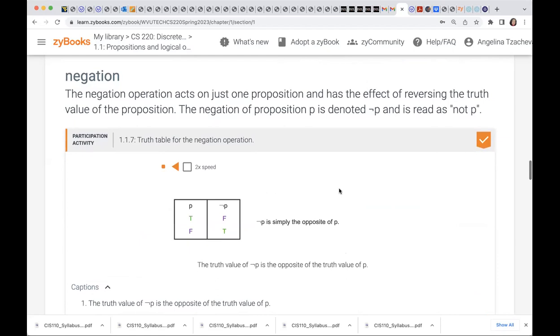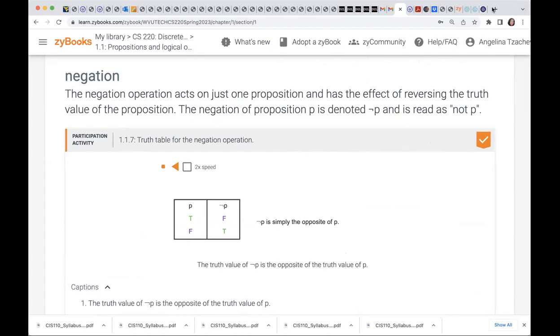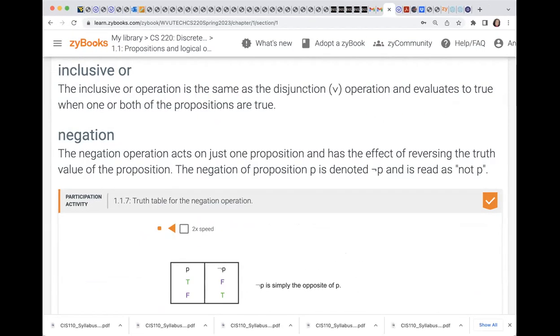And has anyone of you seen those before in any computer applications? Feel free to unmute yourself and speak up. What was the question again?